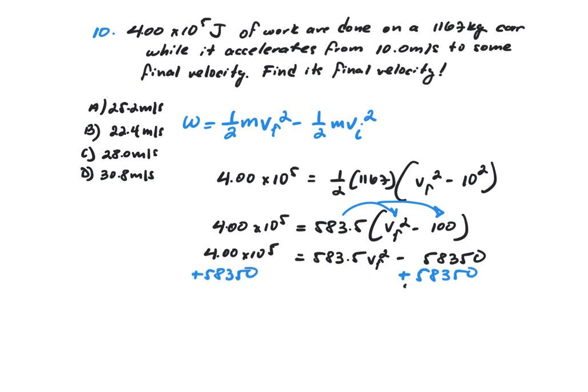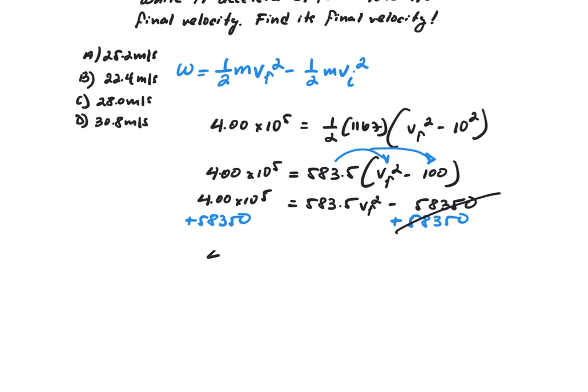This cancels out, so we end up with 4.0 times 10 to the fifth plus 58,350, which is 458,350, equals 583.5 v final squared. So we divide by 583.5.